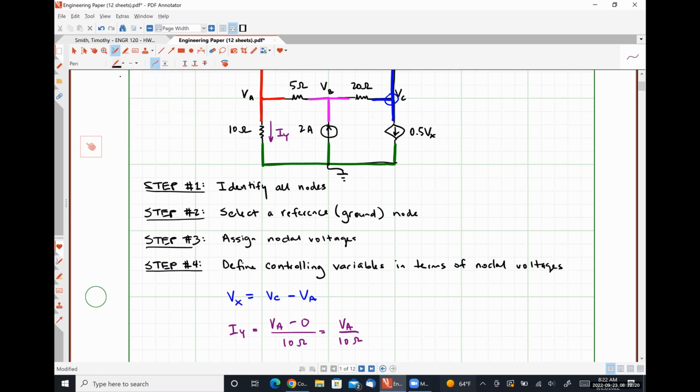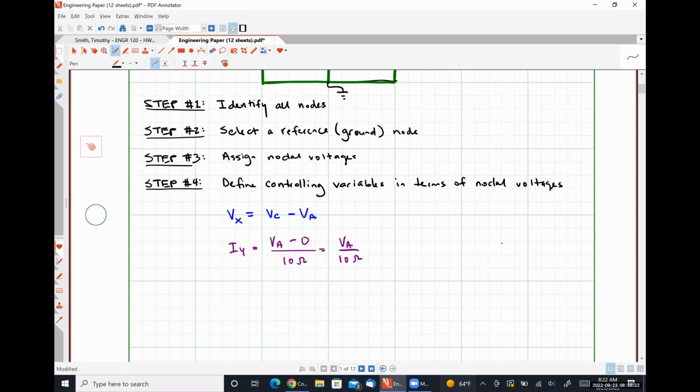so what we are going to do now is step number 5. We are going to write a KCL equation at all non-reference nodes.